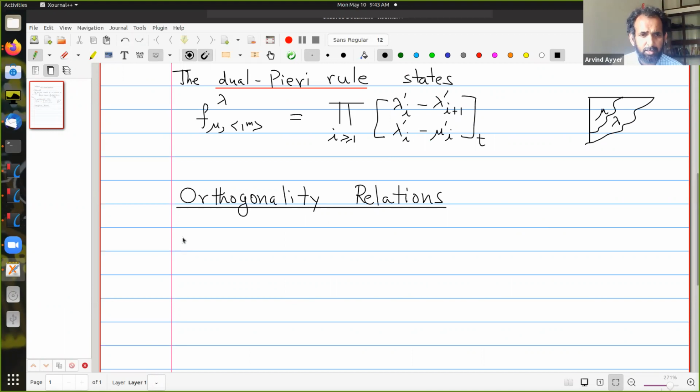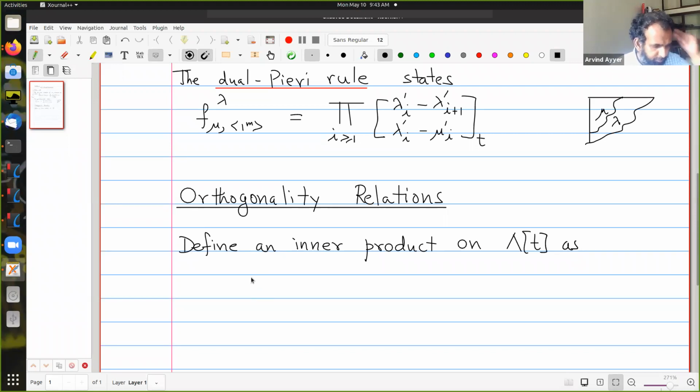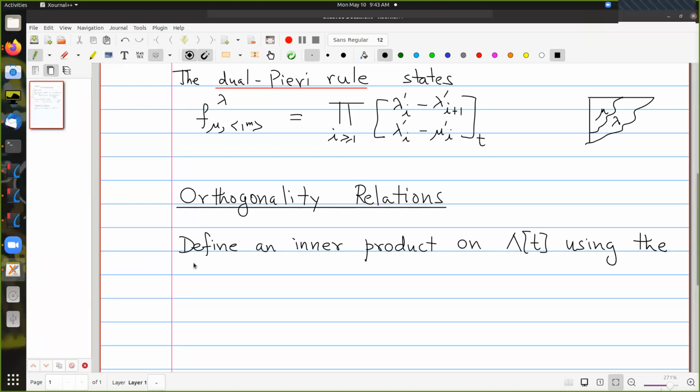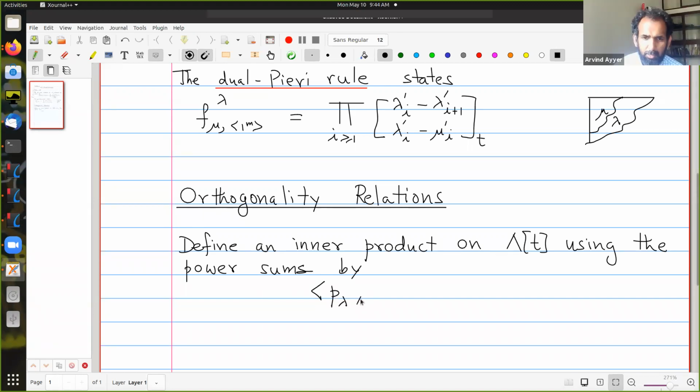So define an inner product on lambda joint T using the power sum symmetric functions. I take p lambda and p mu.